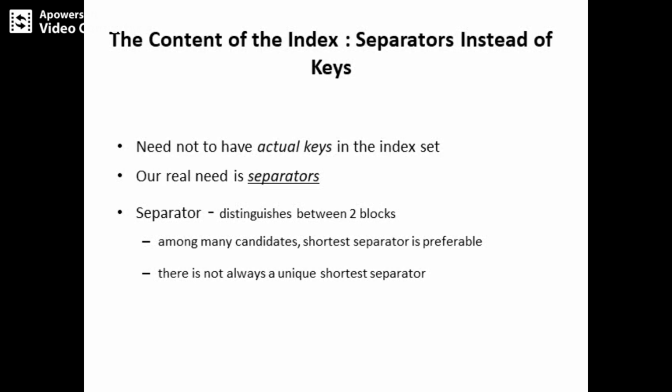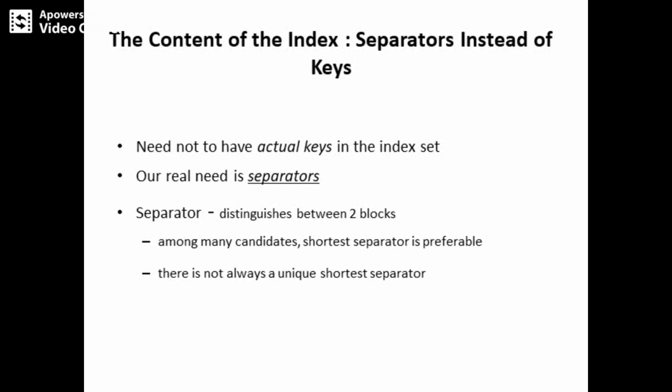A separator is going to distinguish between two blocks. If you have two different blocks, the separator differentiates between those two blocks, and using that separator you can navigate to the particular block when and where you want.